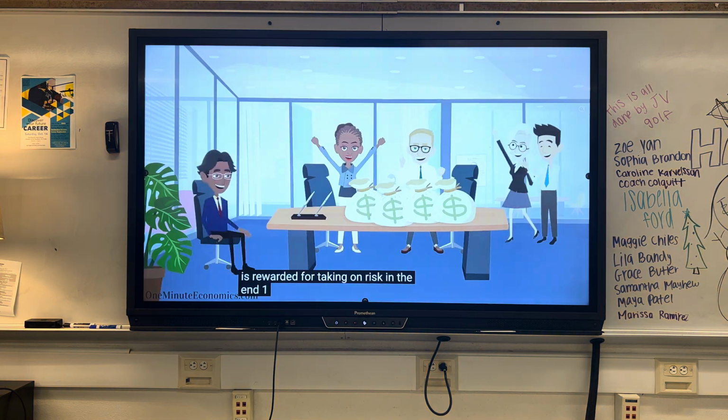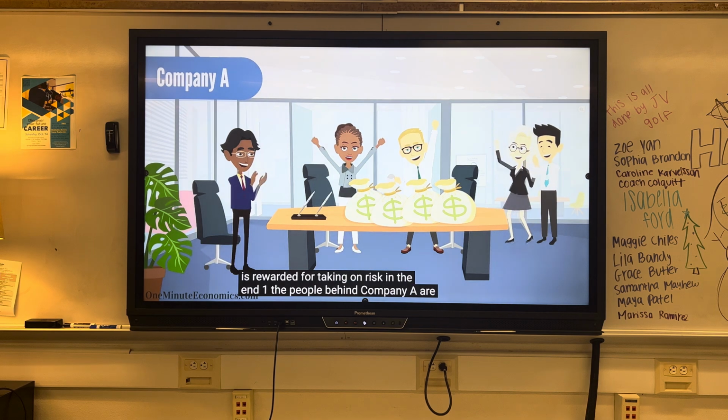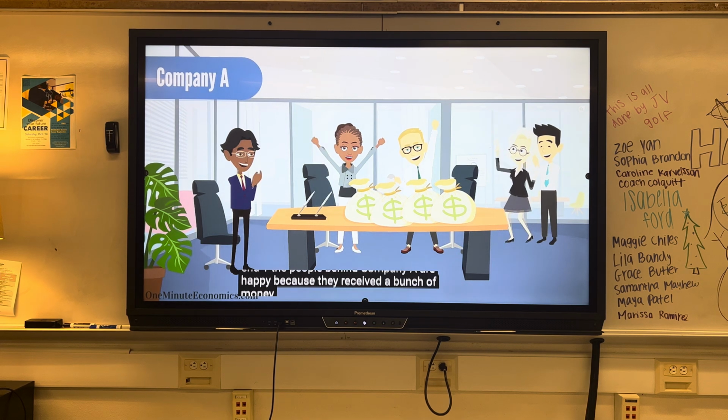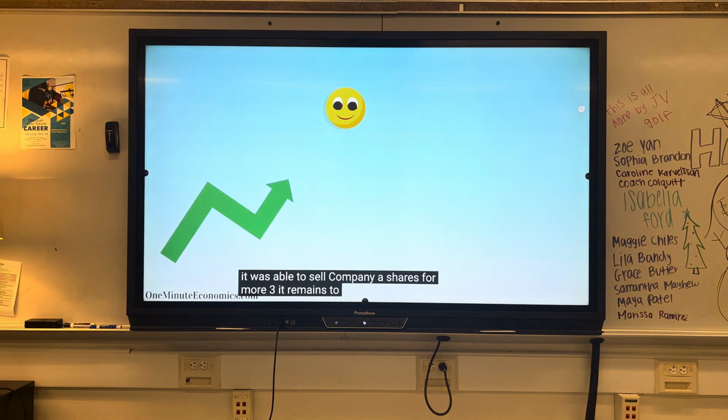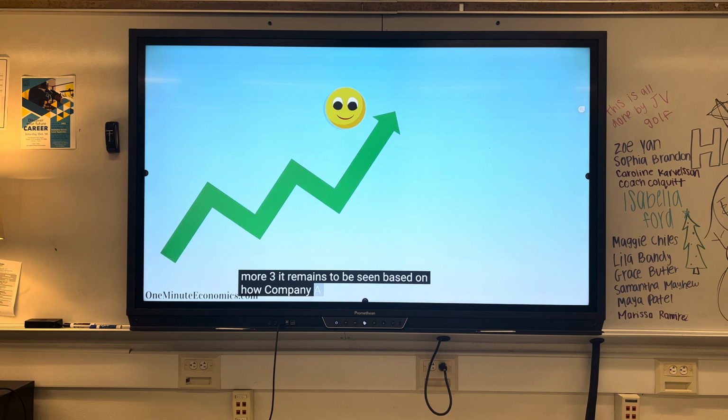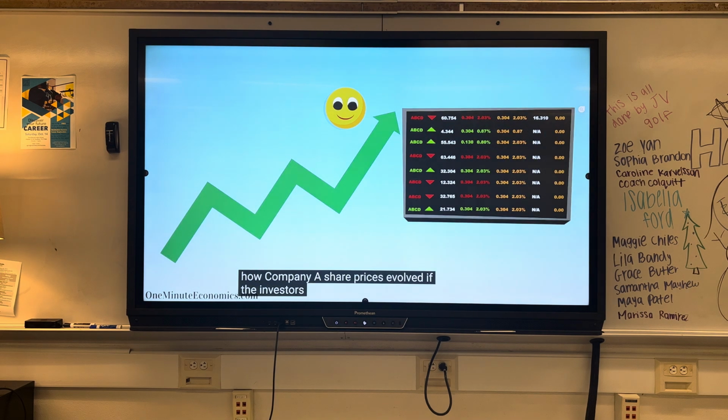In the end, 1. The people behind Company A are happy because they received a bunch of money. 2. Underwriter A is happy because it was able to sell Company A shares for more. 3. It remains to be seen, based on how Company A share prices evolve, whether the investors who bought from Underwriter A will be pleased or not.